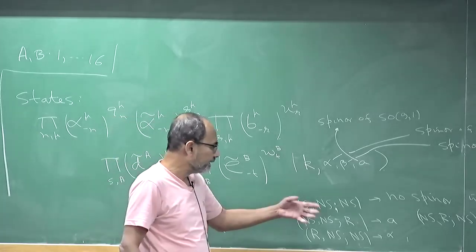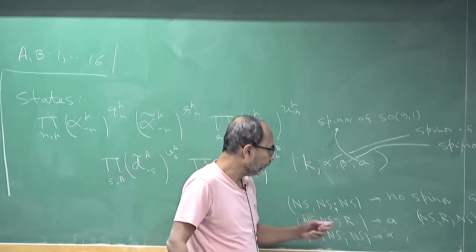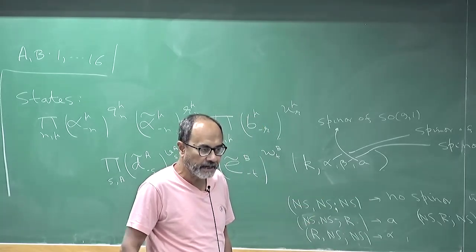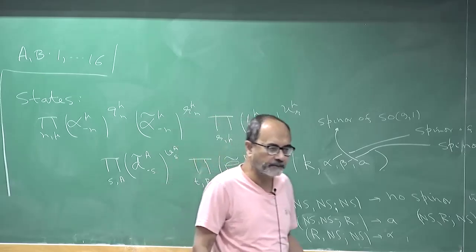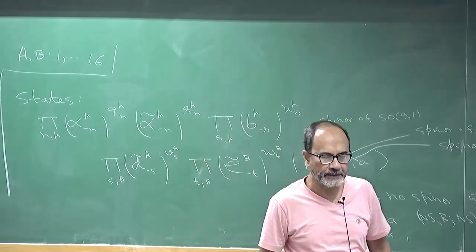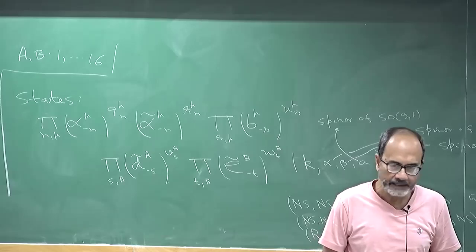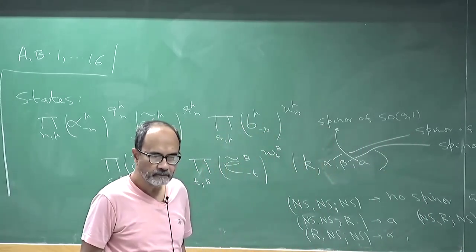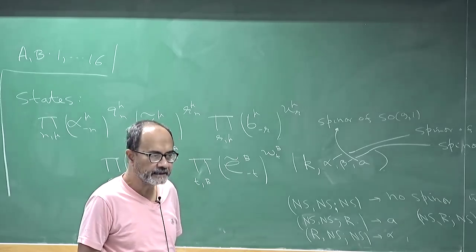Okay. And from this you can read out the other things. For example, RRR will have all three indices. Because RRR will mean that there is a spinor index of the first SO16, a spinor index of the second SO16, and a spinor index of SO9,1. Is this point clear?